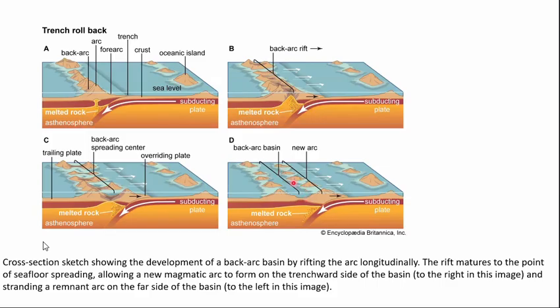So each basin, the rate at which they spread or open up, is different from each other. Some we said 2 centimeters last time, for some 6 centimeters, for some like the Mariana Trench up to 15 centimeters per year. So it depends on the particular basin you're looking at.